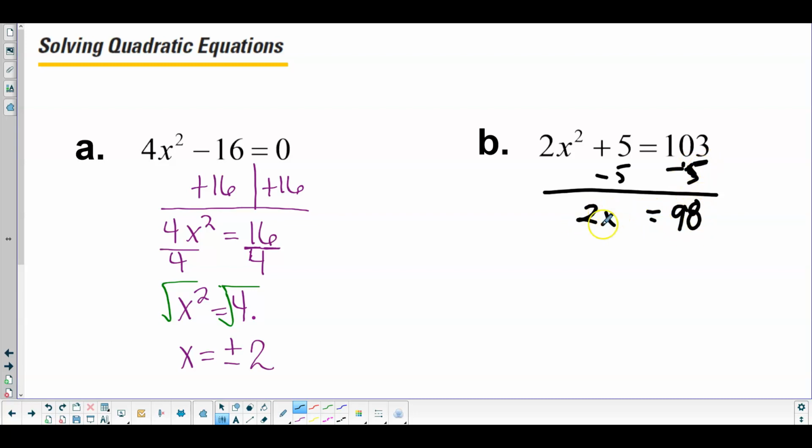And then 2x squared comes down. Now we're dividing by 2. x squared is going to equal 49 if I divide 98 by 2. And then you can take the square root of 49, and that should give us this answer: x equals plus and minus 7. Good job if you got that one. Let's go ahead and go to the next one.